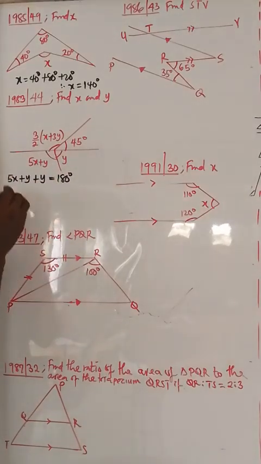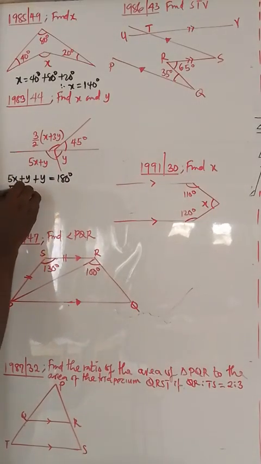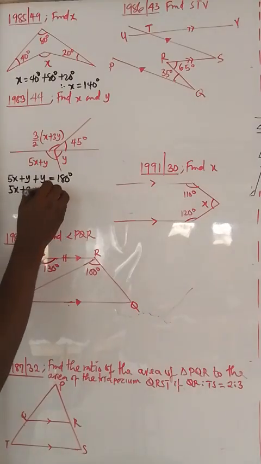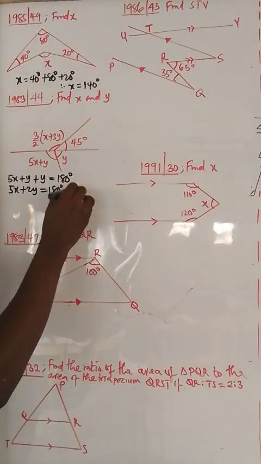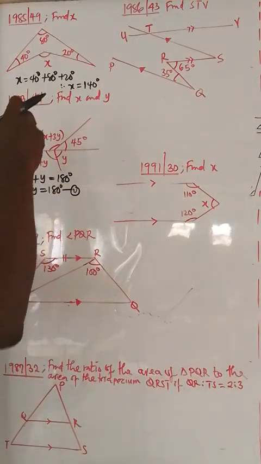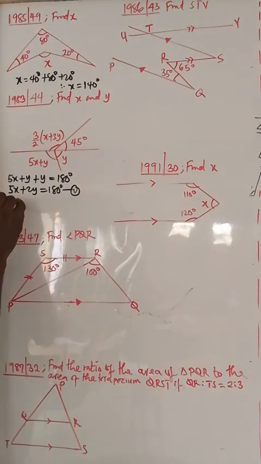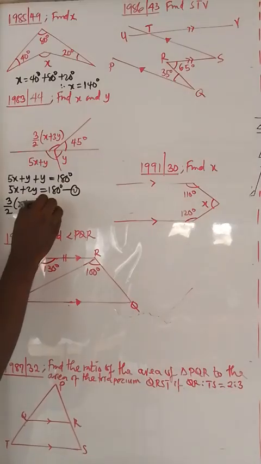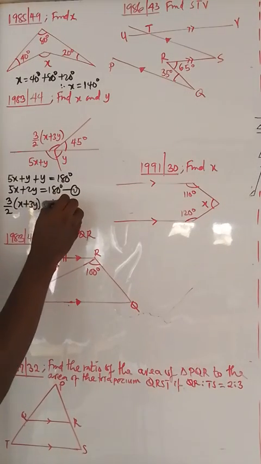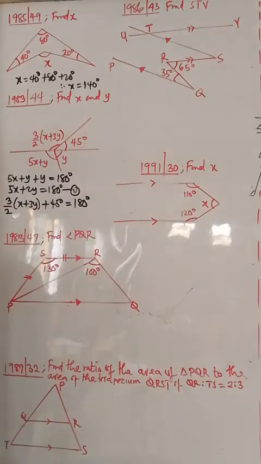Adjacent angles. So remember, 5x plus 2y equals 180. Equation 1. Secondly, if you add this with this, we must get 180. It means 3 over 2 into x plus 3y plus 45 must also equal 180.